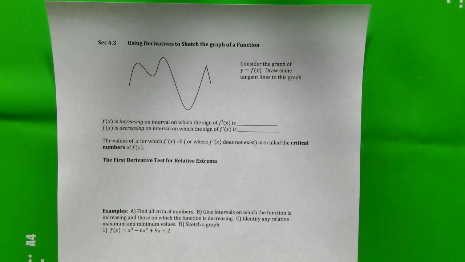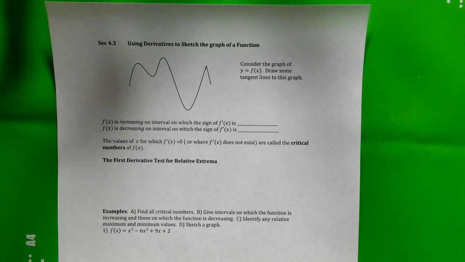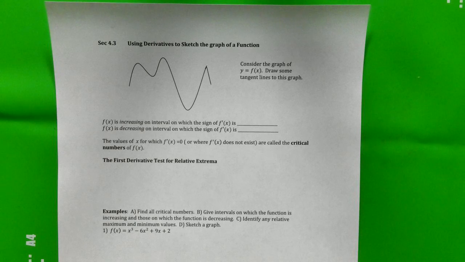We're using derivatives to sketch the graph of a function. We're going to have something called the first derivative test and something called a second derivative test. Both of those tests will tell us where a graph has a relative max or a relative min.